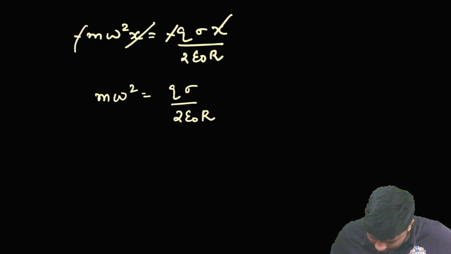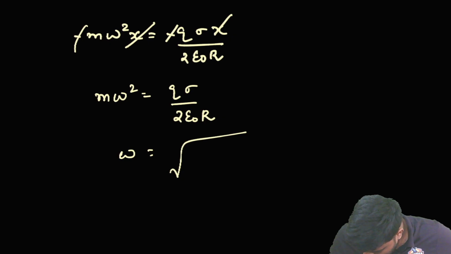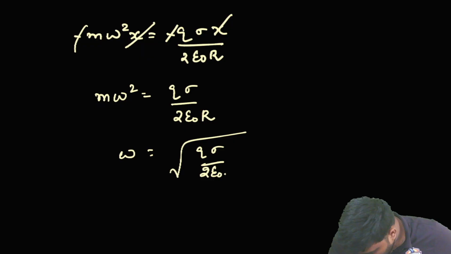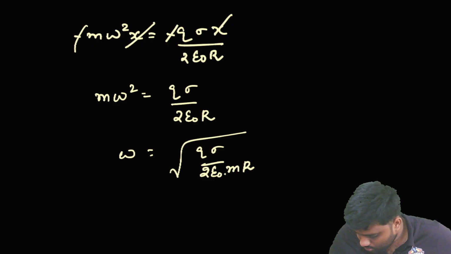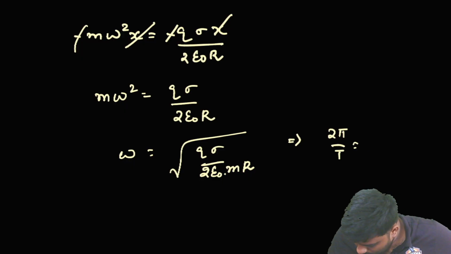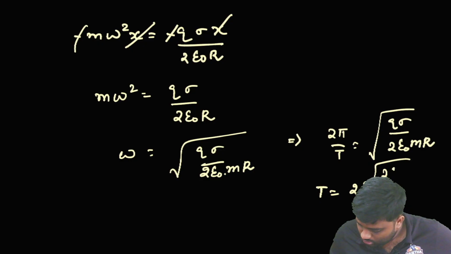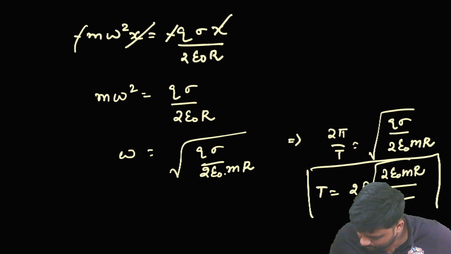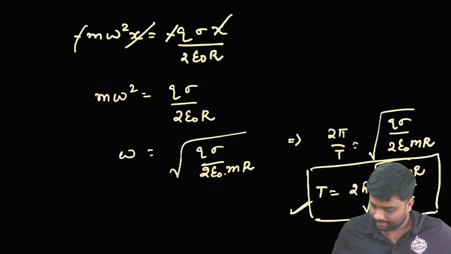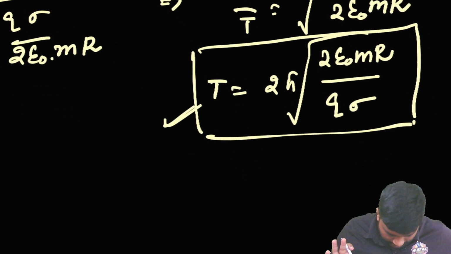So from there, omega is equal to under root q sigma upon 2 epsilon naught m r. So omega is equal to 2 pi by T, which is equal to under root q sigma upon 2 epsilon naught m r. So if you want to find the time period, it comes out to be 2 pi under root 2 epsilon naught m r upon q sigma. This is the time period.